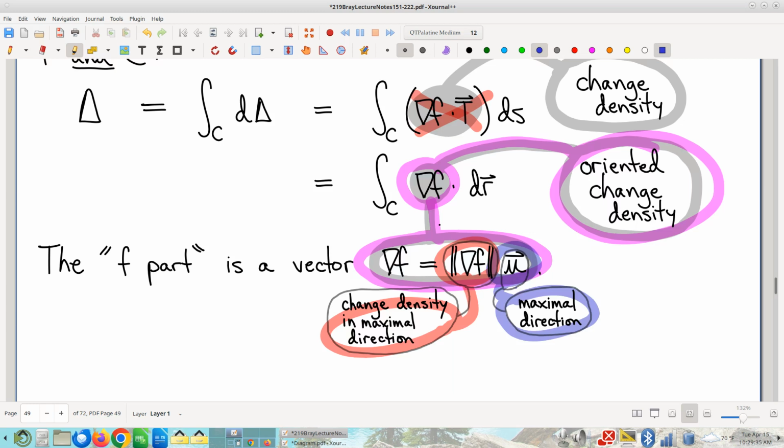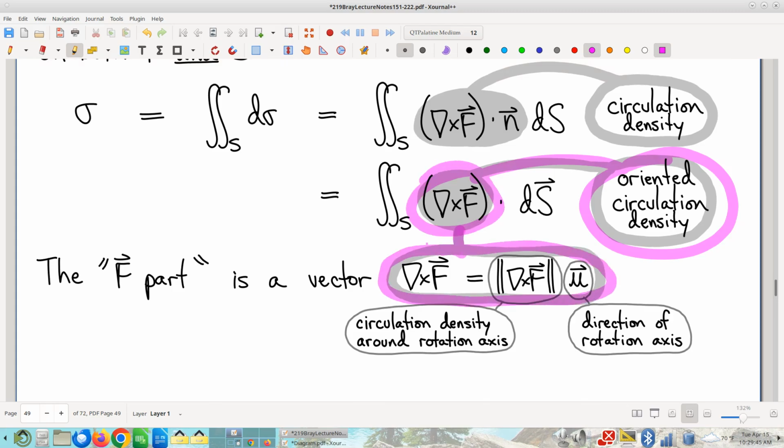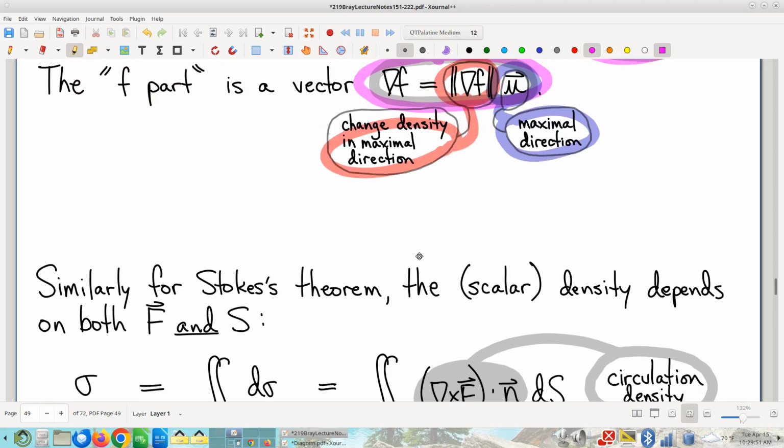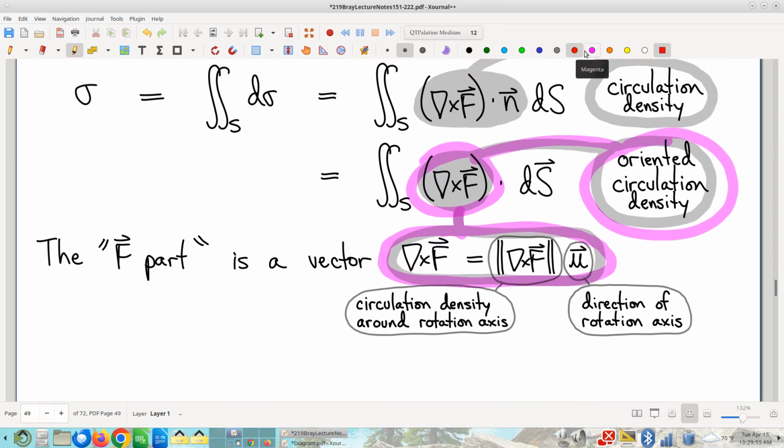Well, we get the same good fortune down here. If you want to make sense out of oriented circulation density, what does that look like geometrically? And again, now it's a vector, so it's got a magnitude and it's got a direction. The magnitude tells you how much sort of rotation density there is.